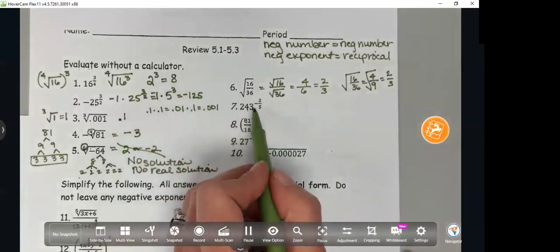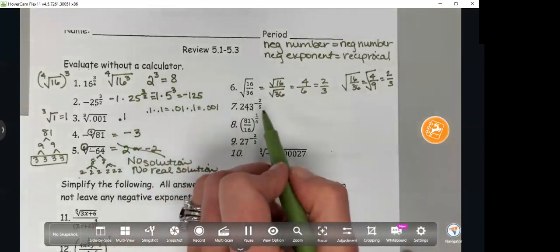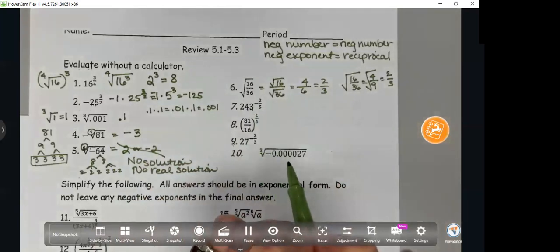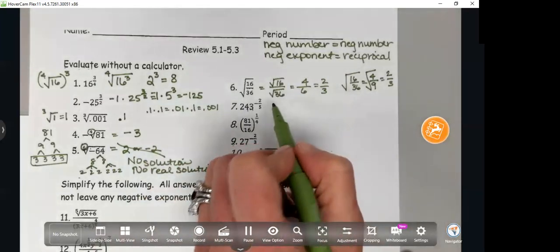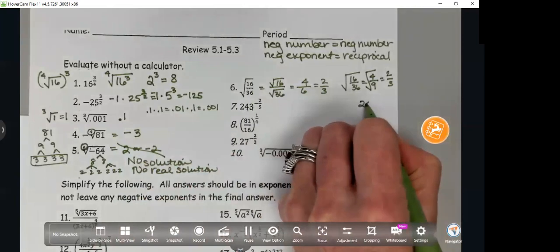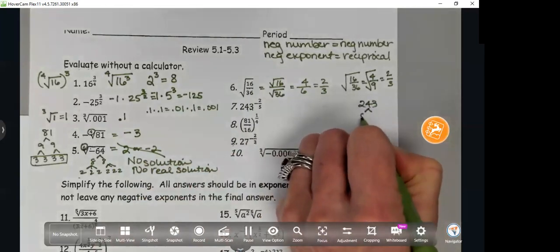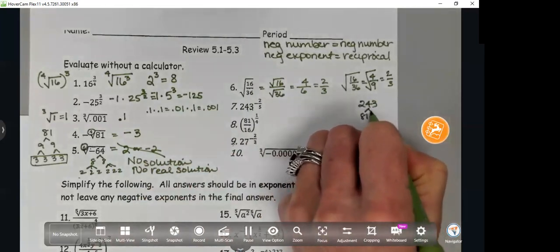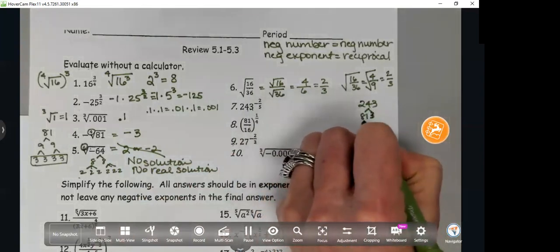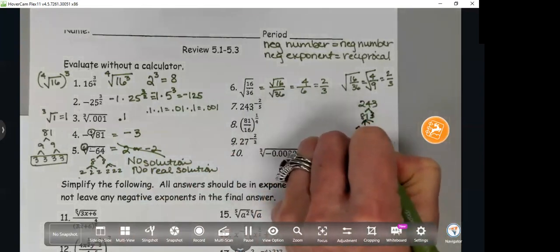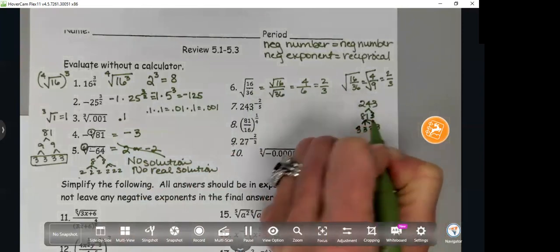All right, now here we've got a negative 2 over 5. So I need the 5th root of this. Well, I don't know what the 5th root is, so I'm going to have to work that out. 243, that's 81 and 3. Well, now I know that this is 3, 3, 3, 3, 3.